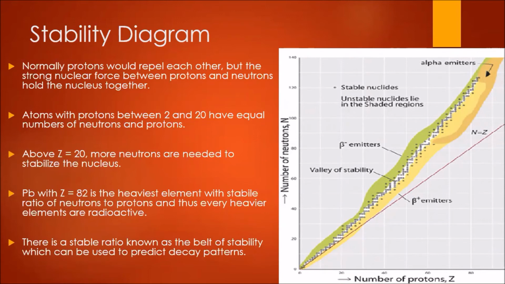And so that's controlling a lot of our radioactivity and why it undergoes this decay, not that decay. Why does it undergo beta and not positron? Because we have this magical belt of stability here.